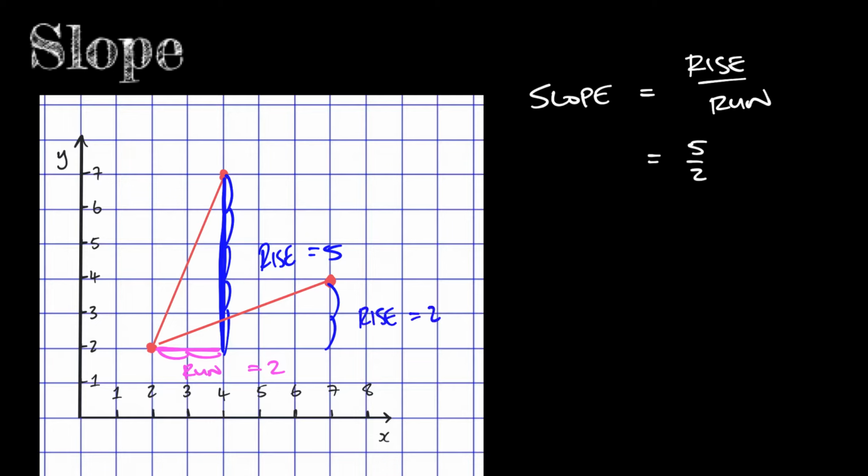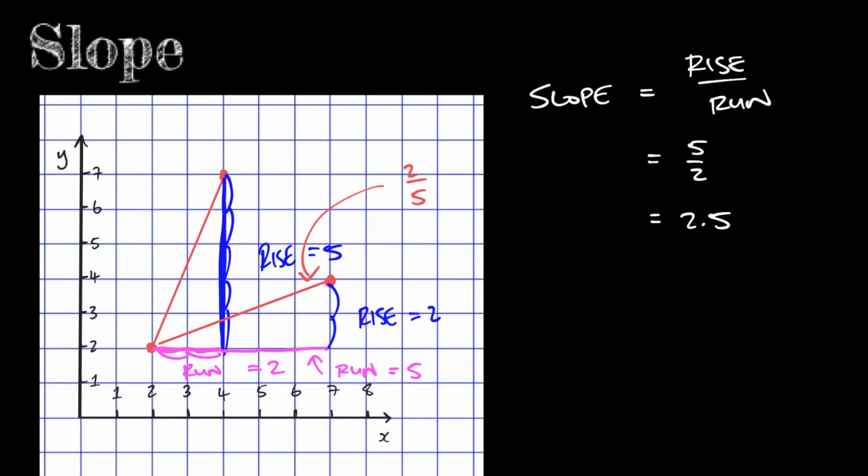And you can see that the run there would be from 1, 2, 3, 4, 5. So in this case, the run would be 5. So in this case, I have a slope of rise over run, which is 2 over 5. So you can see it was 5 divided by 2, which is 2.5. Now it's 2/5. You can see it's getting smaller.